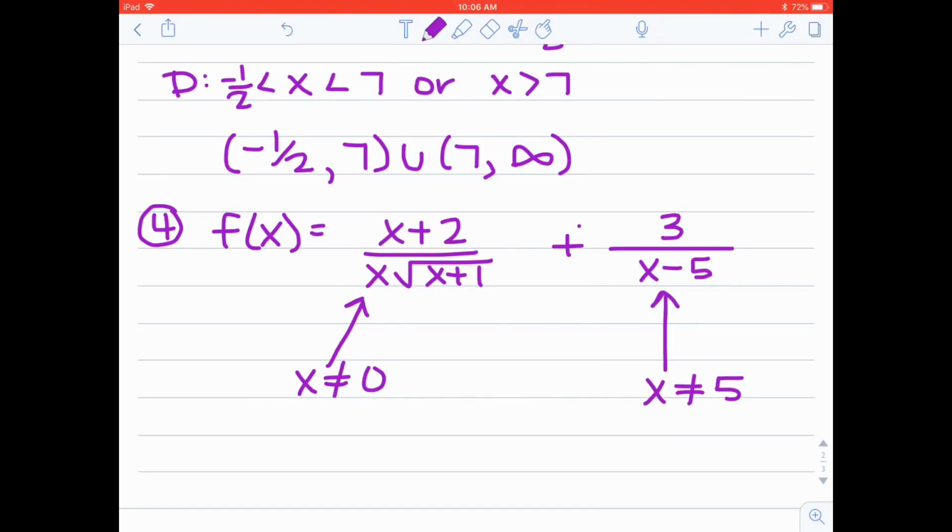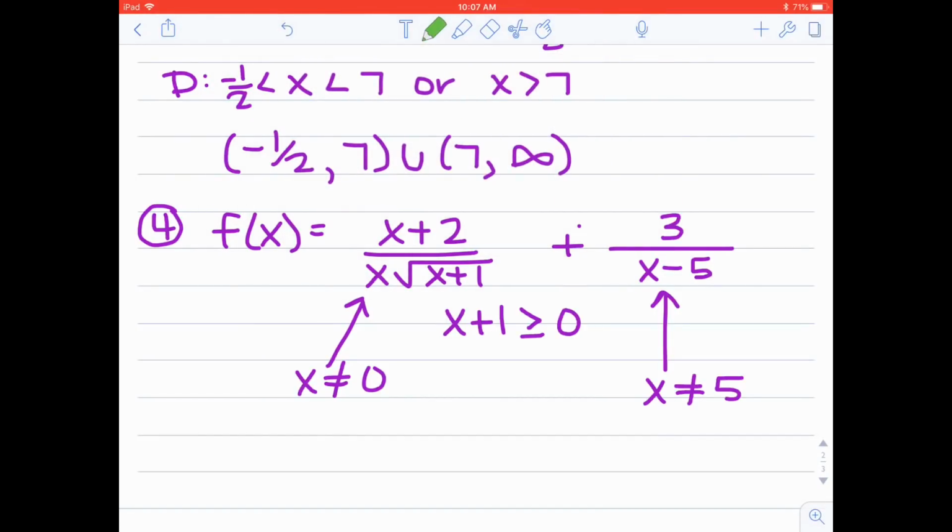Now I need to look at that radical that I have. So I know that typically what's underneath a radical has to be greater than or equal to 0, typically. So I'm going to say x plus 1 is greater than or equal to 0. But in this case, that radical expression happens on the bottom of a fraction, and I know that on the bottom of fractions you cannot equal 0.